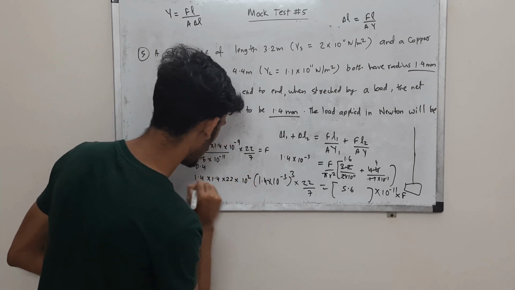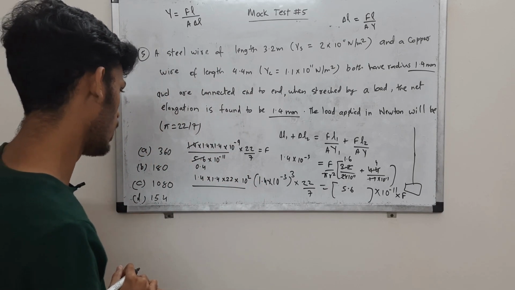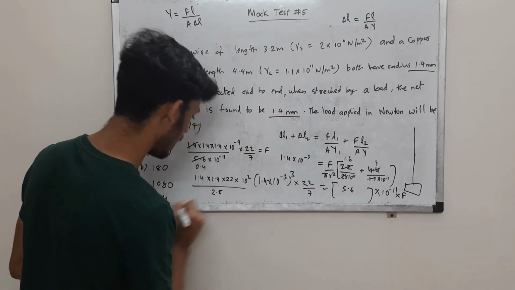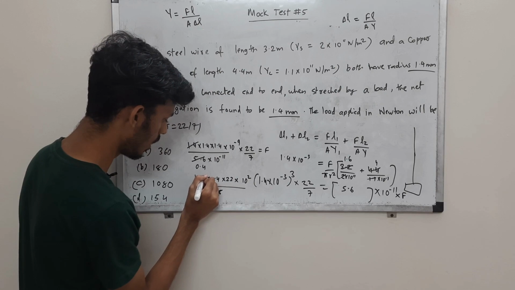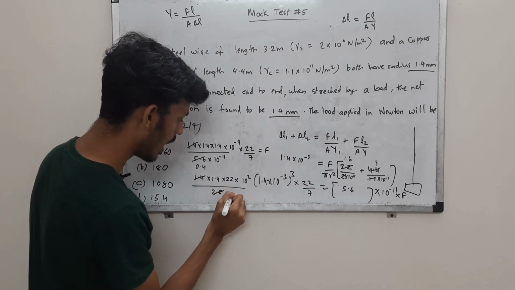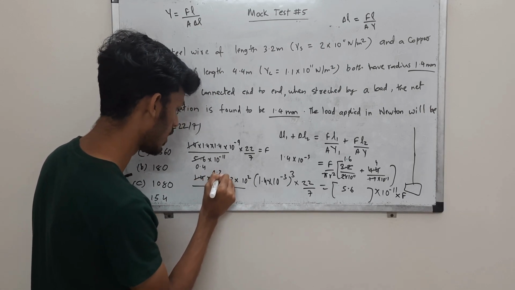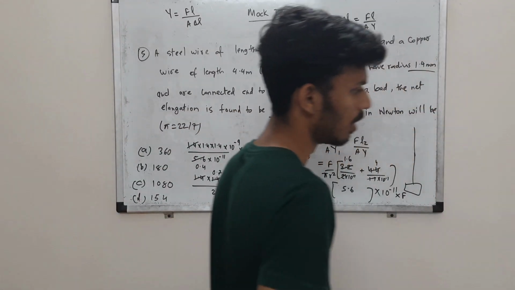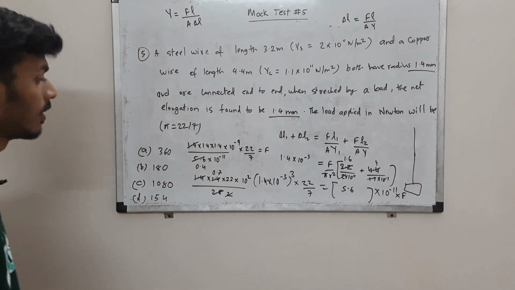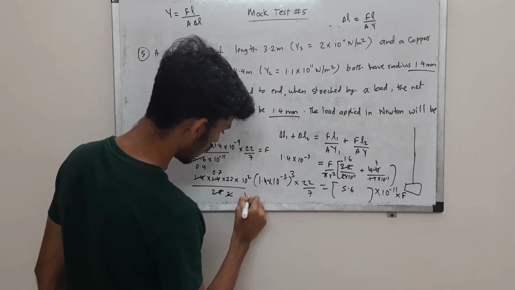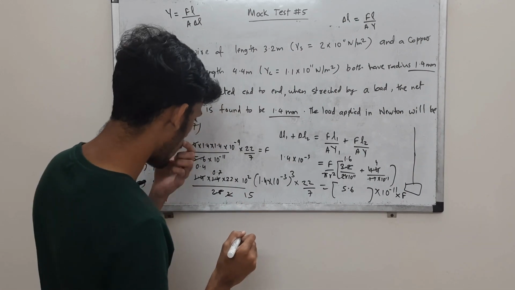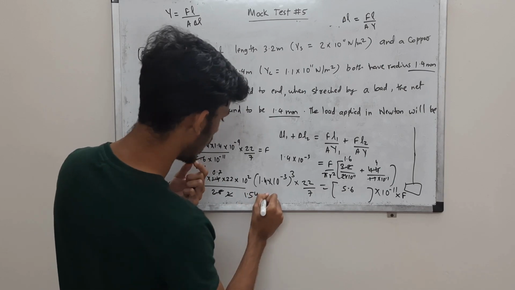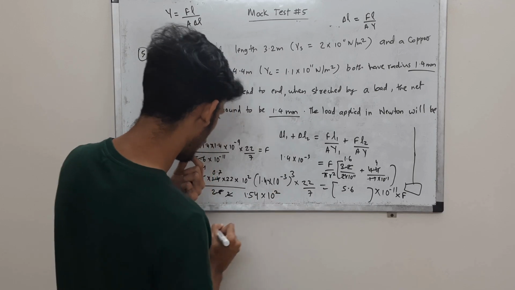We'll have 7 4s are 28, which will be 2.8. So now 14 2s are 28, and this 0.7 times. So 7 times 22, 7 times 2 is 14, 14 times 11 is 154, so 1.54 into 10 to the power 2, that is 154.